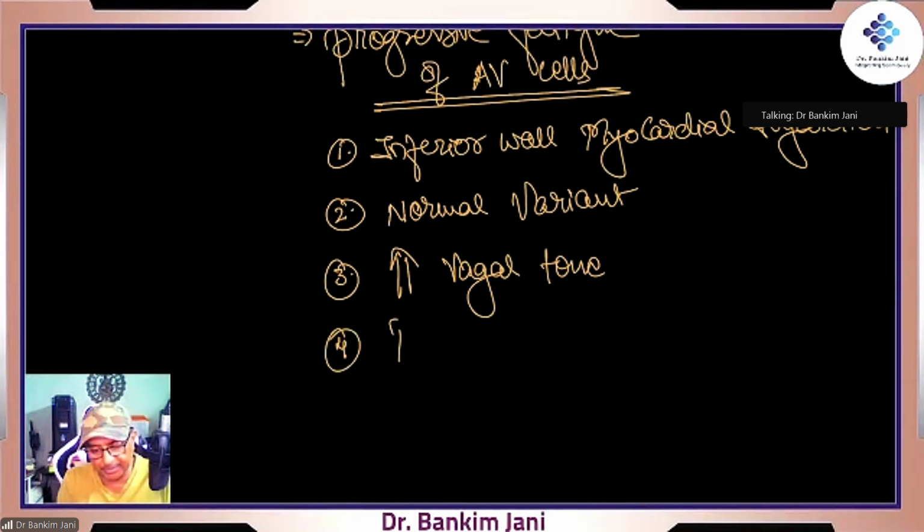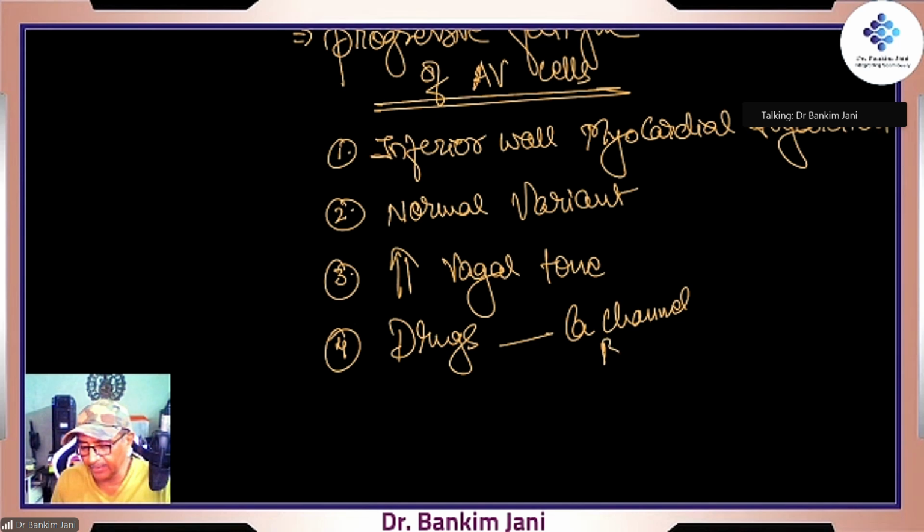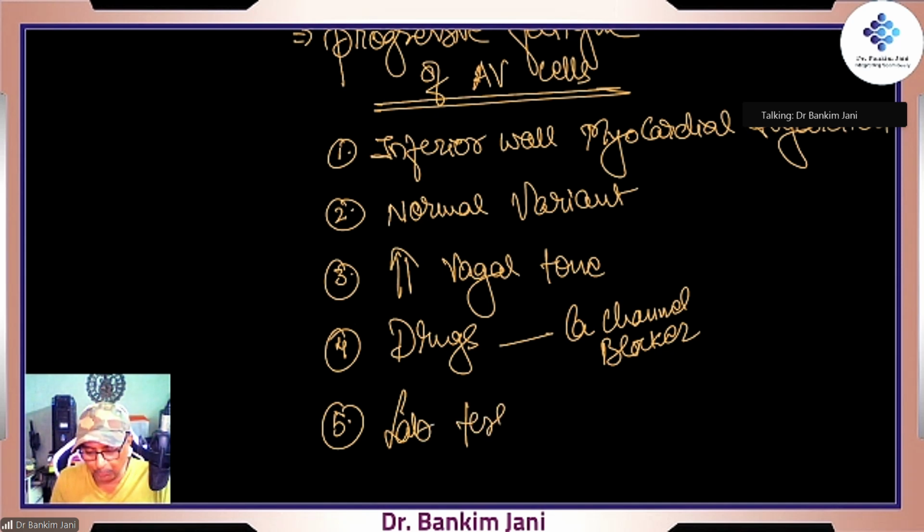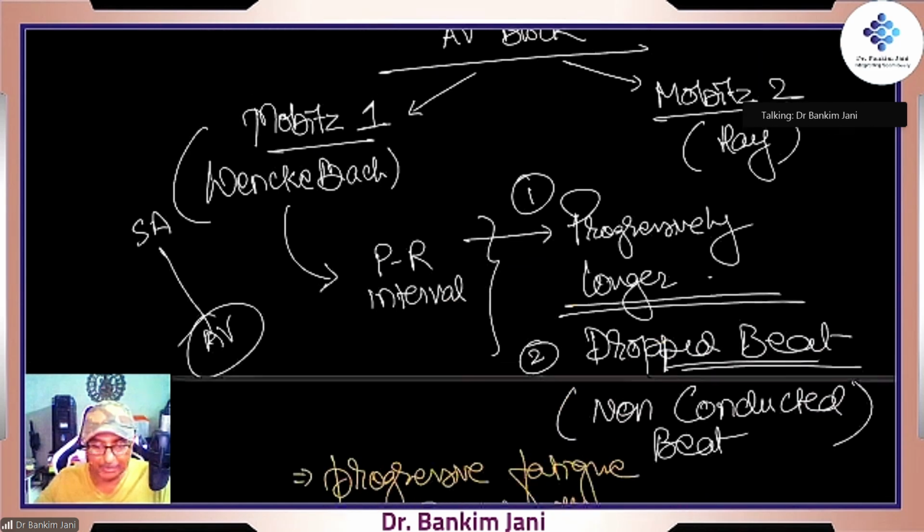Drugs, same drugs, right? But over here, the dose has increased. So calcium channel blocker: if you find that the patient is taking a calcium channel blocker, decrease the dose and this thing will go away. Right? But the most vital thing when you are going for a lab test, type 1 Mobitz, this one.